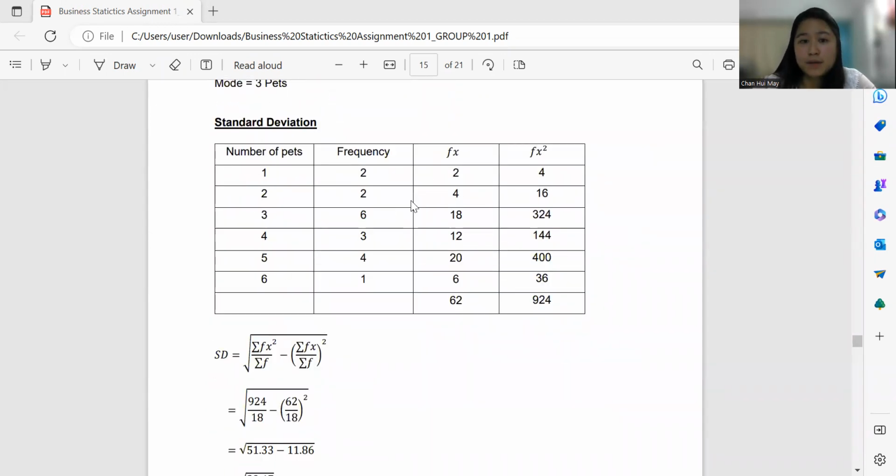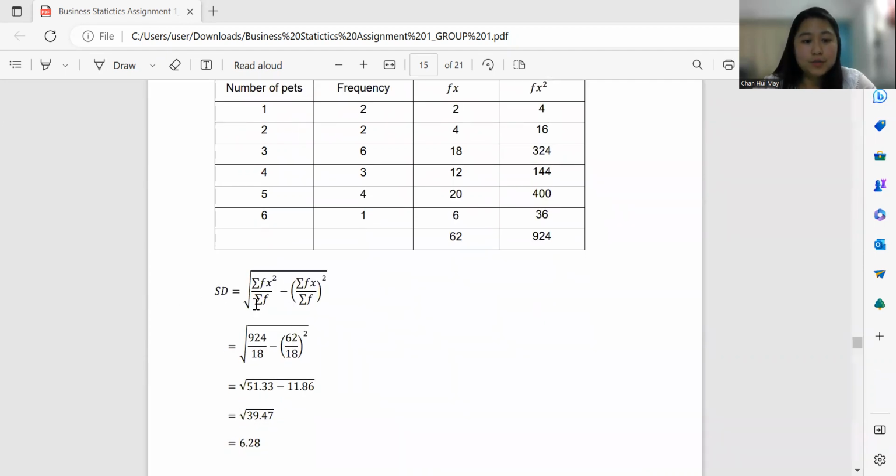Next, I would like to share about standard deviation. For the standard deviation, the formula is the square root of total fx squared over total frequency, minus (total fx divided by total frequency) squared. So I will find the fx squared. How to find fx squared?